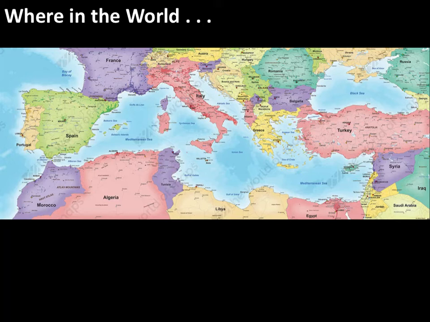Because while Greece is there in the middle, that weirdly shaped smattering of islands, they're also not very far from the boot of Italy or from what we now call Turkey, or even look down south. There we are at the top of Egypt. So there was international travel, interstate travel between all of these areas because of the centrality of the Mediterranean.